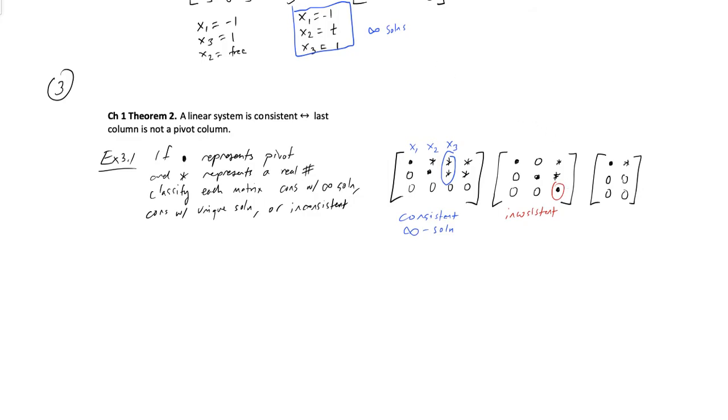Okay, so this one has one variable and it's consistent because it doesn't have a pivot column as its last column. So this is consistent and there's no free variables. There's only one variable and it's associated with a pivot, so this is one solution. Or another way of saying this is it's a unique solution.